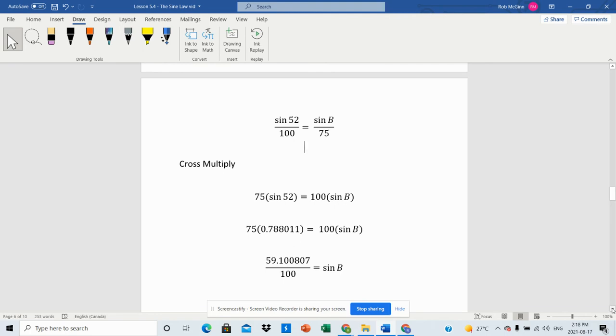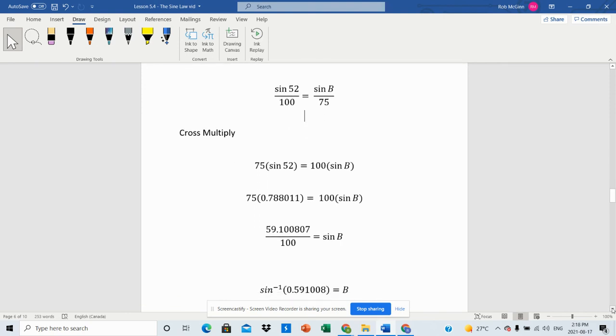First off, we have to figure out what our decimal is on the left-hand side. So 59.100807 divided by 100 is just going to be 0.591008. And I'm going to divide basically both sides by sine here.